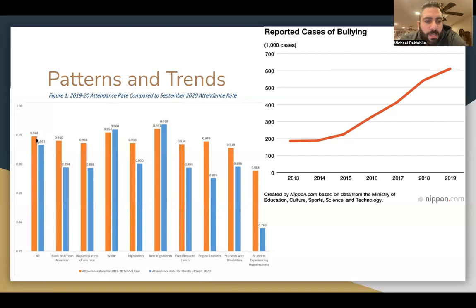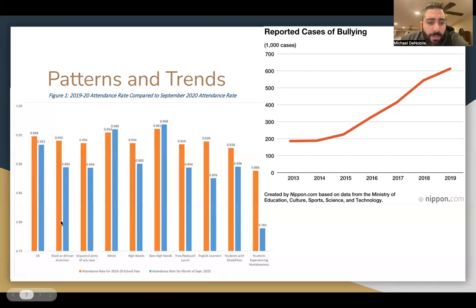For all students, we saw a downward trend in attendance. In this particular school, it doesn't tell me which school it was, so this could be a school district or it could be one particular school. The attendance rate went from about 95% to 93%. Well, that doesn't seem like a lot, but when we break it down into individual categories, we're going to see.